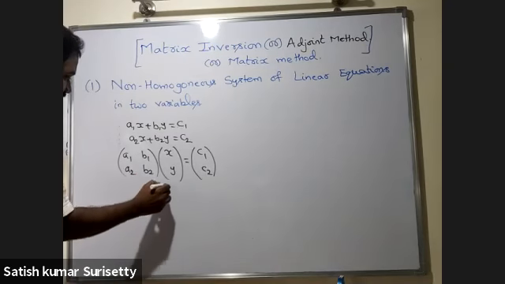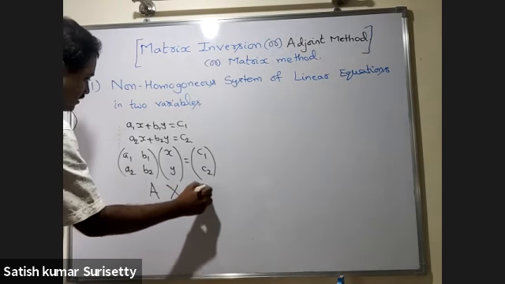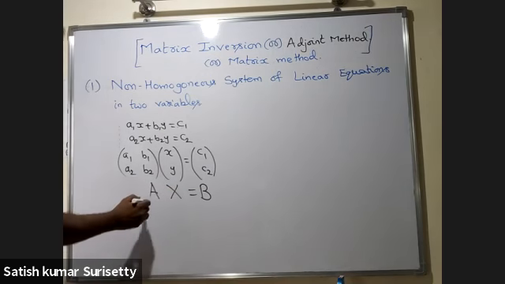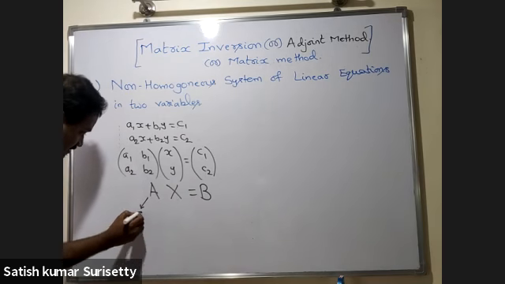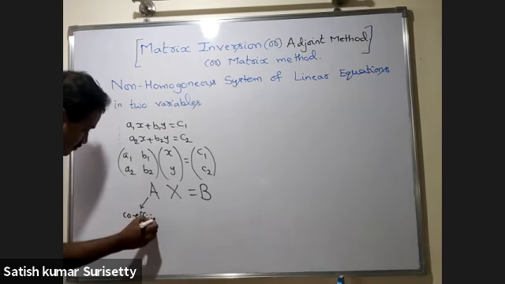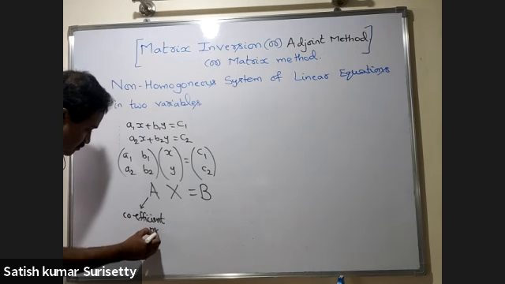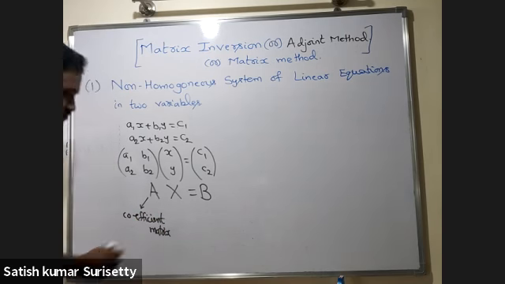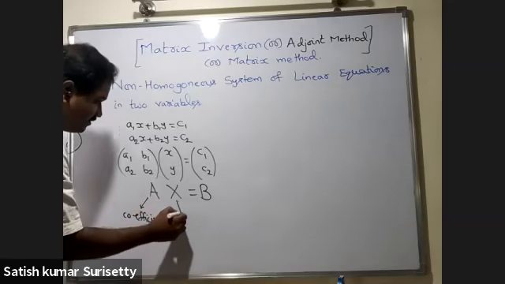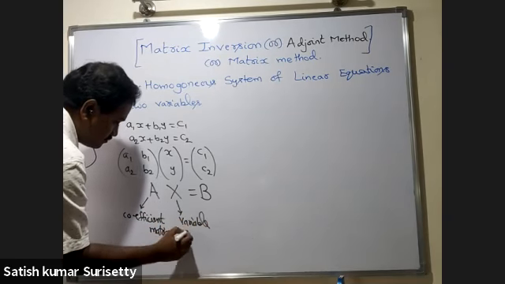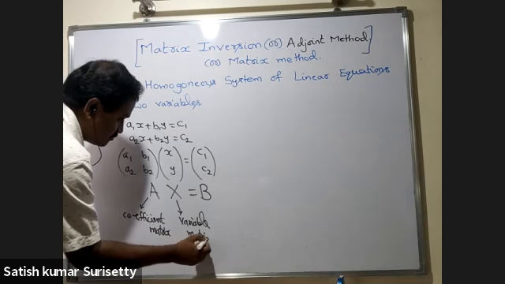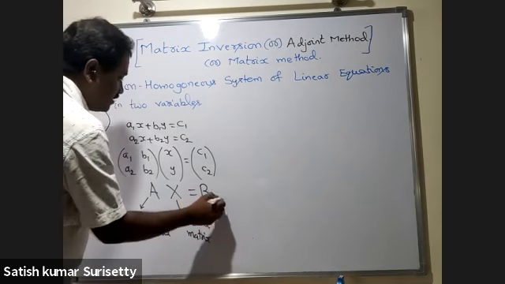So the matrix equation you can write as AX equal to capital B, where A is the coefficient matrix, capital X is the variable matrix, and B is the constant matrix.